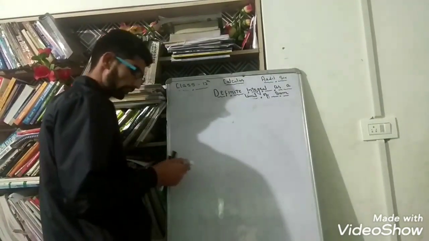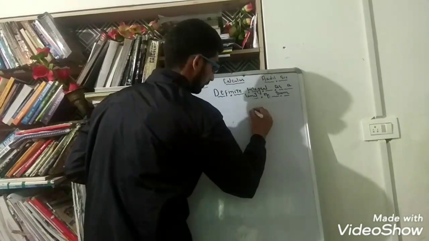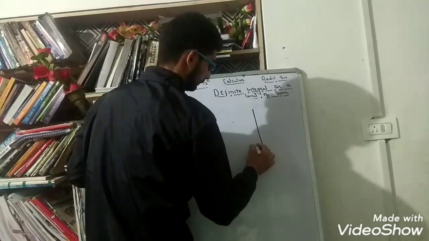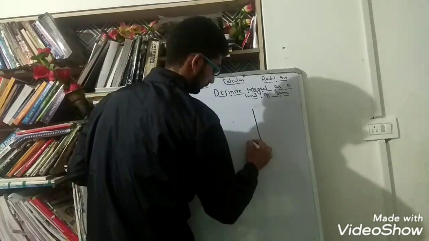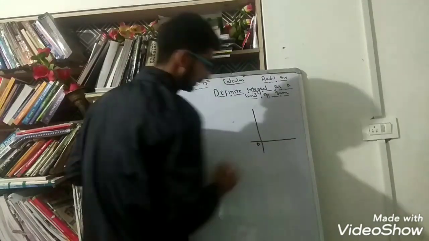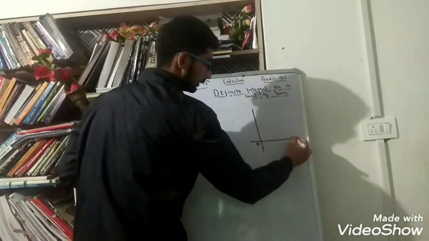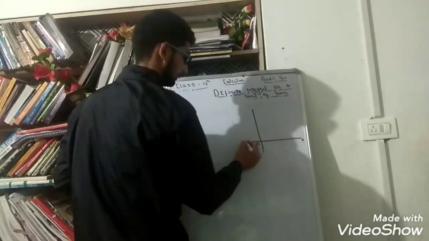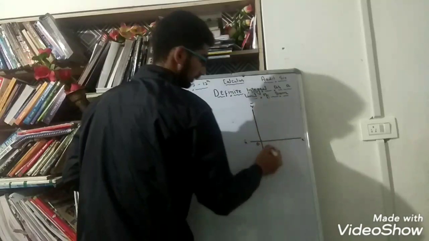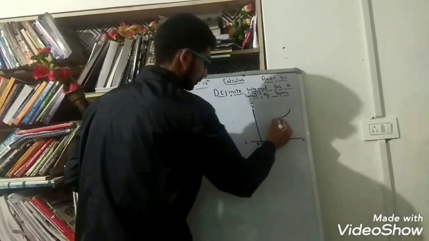In the proof, you're supposed to draw a graph here. Take the origin, take this as the x-axis and this one as the y-axis, and draw your curve like this.